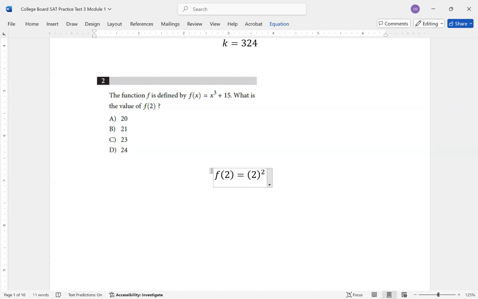So we're going to get 2 raised to the 3rd power, or 2 cubed, plus 15. You can type that in to your calculator and you'll see that that becomes 23, or you could do that manually as well. That's 8 plus 15, which is 23. So the answer to question number 2 is C, 23.